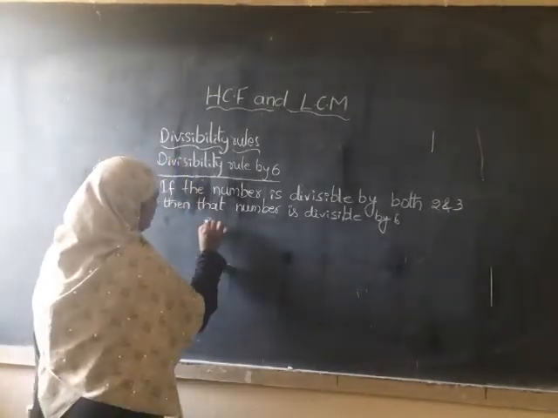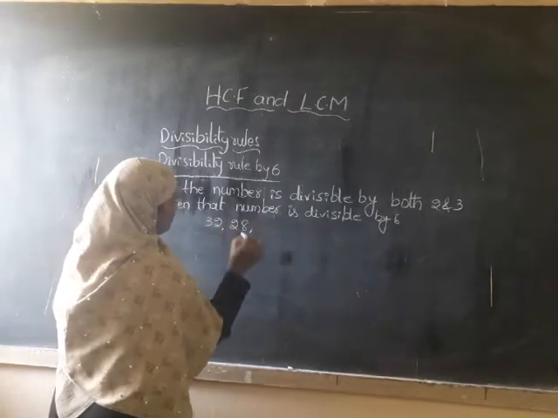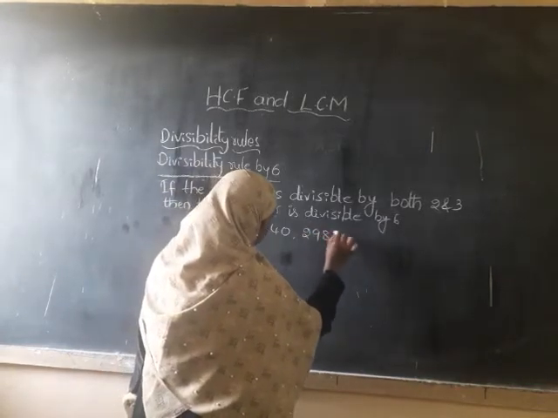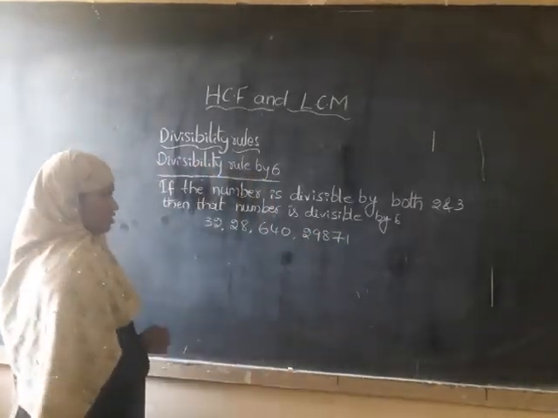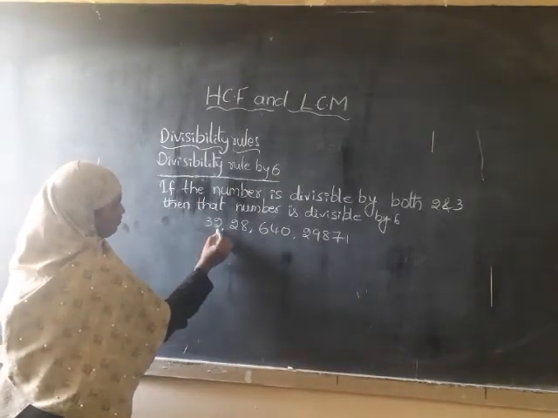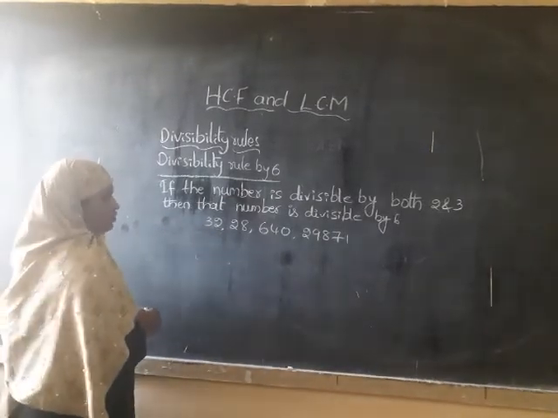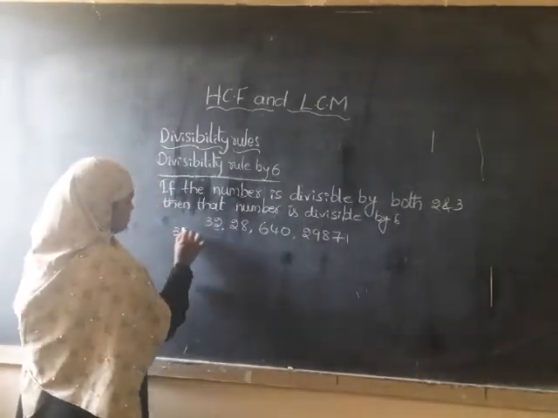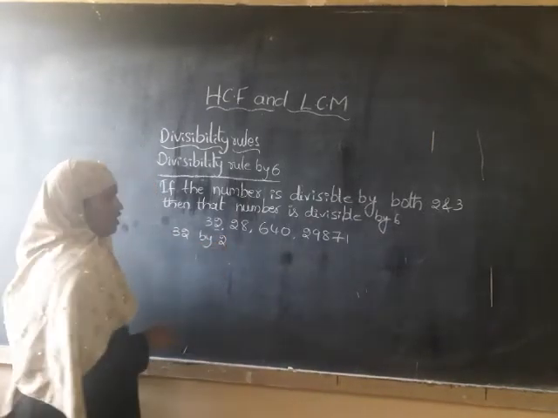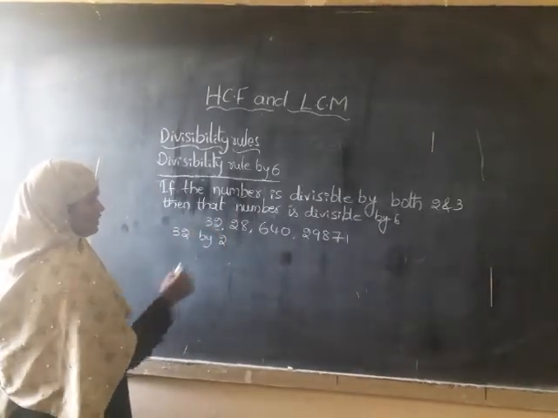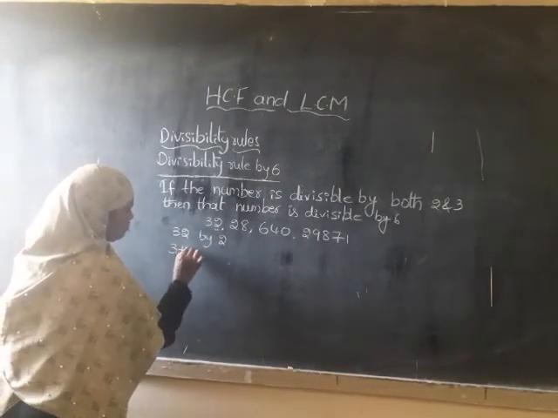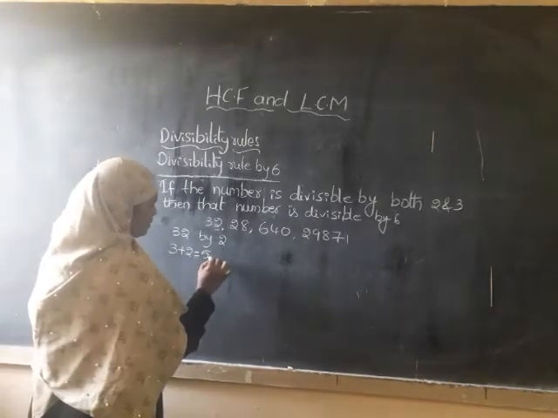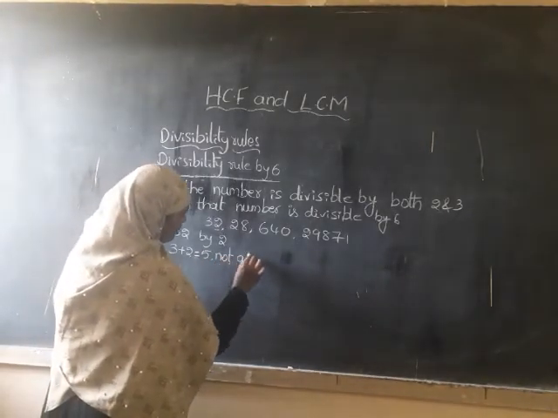For example, take 32, 28, 640. See, first 32. According to the divisibility rule by 2, there is 2 in one's place, so it is divisible by 2. 32 is divisible by 2. Now divisibility rule by 3 is the sum of the digits, that is 3 plus 2 equal to 5, not a multiple of 3.